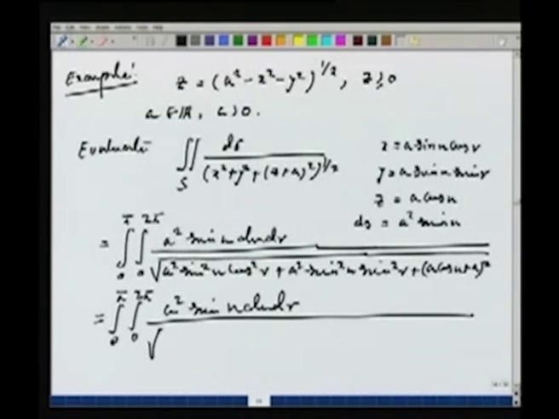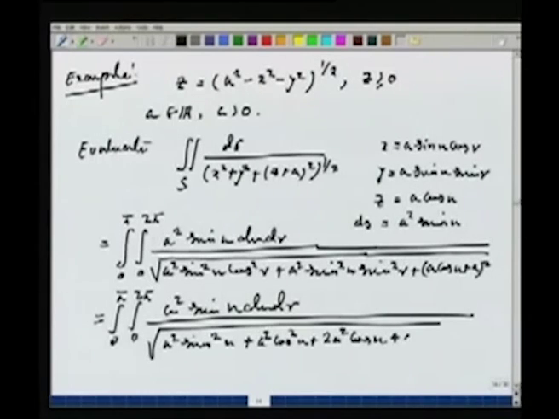Now I concentrate on the denominator. If I add the first two terms, I get a square sin square u. Then from the third term, I get another a square cosine square u plus twice a square cosine u plus a square. Adding the first two terms again, I get a square.